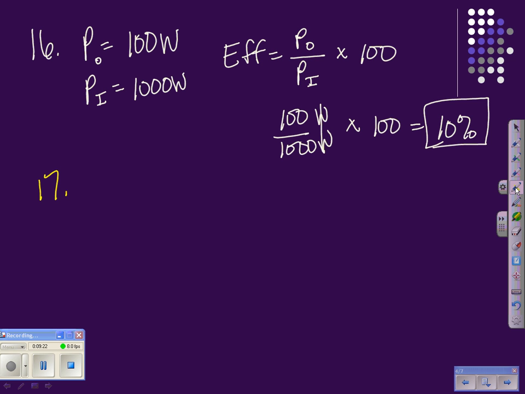17. In the pulley system shown, ideally what force is necessary to raise the 10-kilogram weight with a constant speed? The thing to realize is we first have to find the mechanical advantage, so your IMA would equal... Let's count strands, because that's how we figure out mechanical advantage.